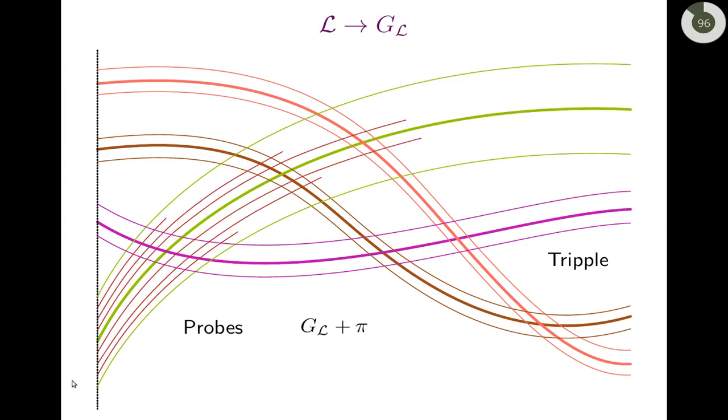Now this induces a graph, and it also gives me a permutation because now I can read off in which order I want to have all the segments on this line. Okay.